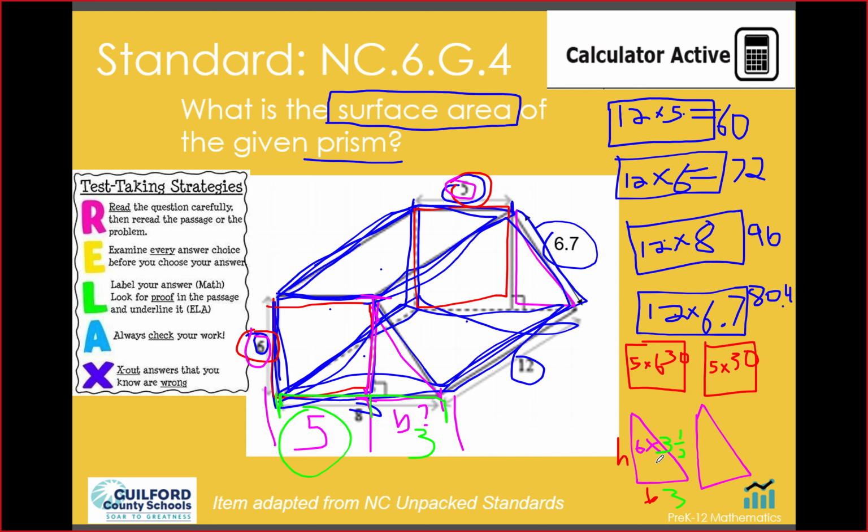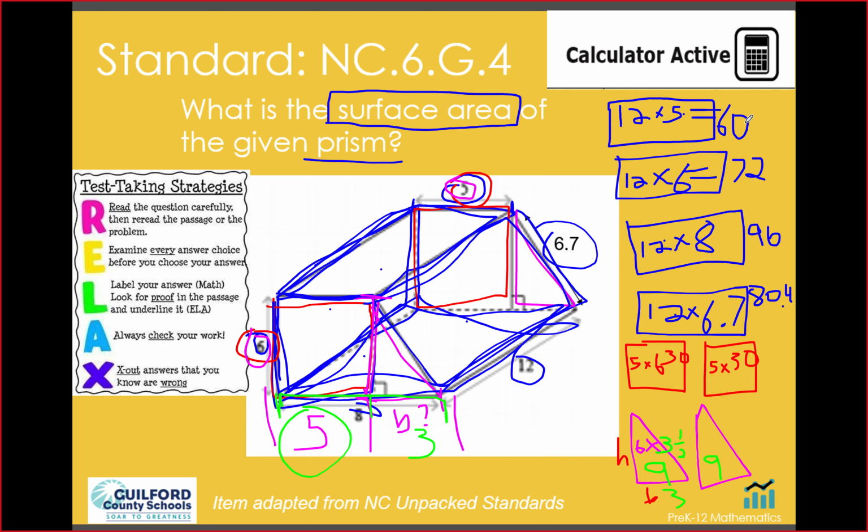So 1/2 of 18 is actually 9. 9 times 2 would give you 18, or 9 plus 9 would give you 18. So 9. So now we have to add all of our areas up.